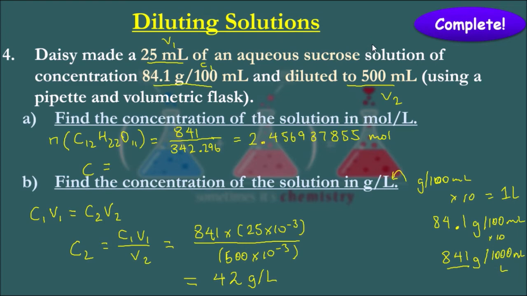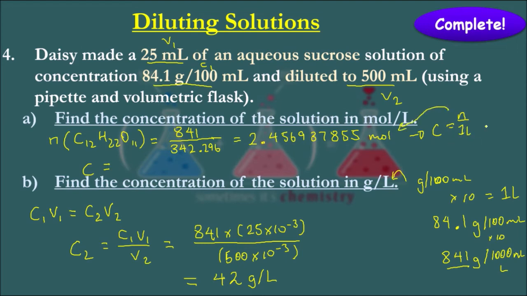All right. So with the assumption that this was 841 grams for 1 liter of our sucrose solution, we can also deduce that the original concentration would have just been the number of moles, this bit that we had just here, divided by 1 liter.